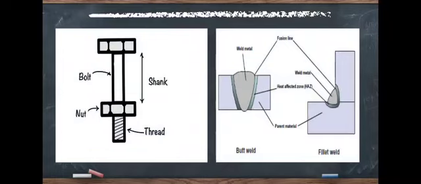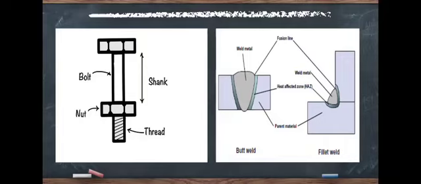From this diagram, you can easily see that it is a bolted connection. This is called the bolt and the bottom portion is called the nut. Below the nut, the hash marked portion is called threads, and above the nut the plain portion is called the shank. On the other side, you can see the butt weld and fillet weld.